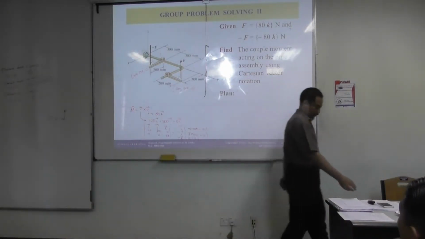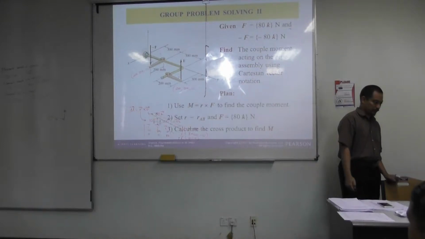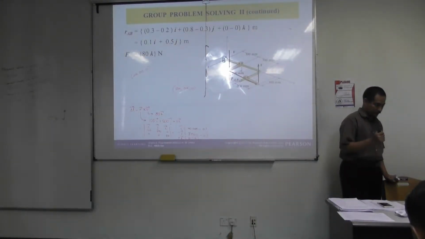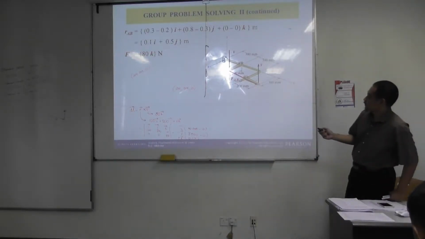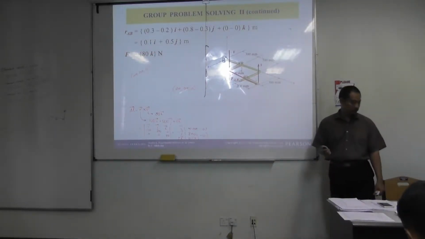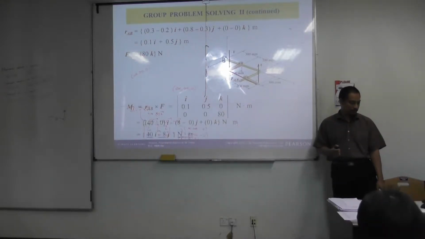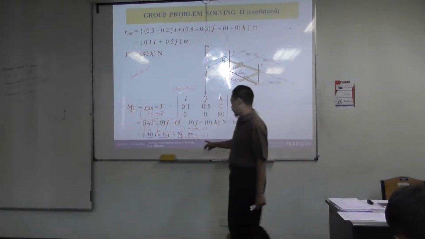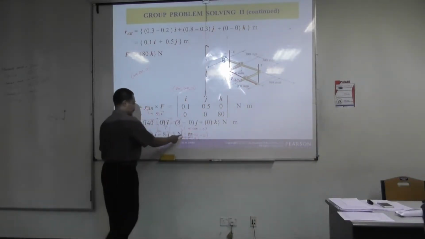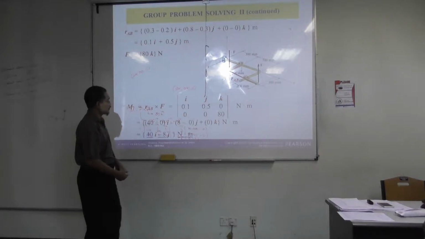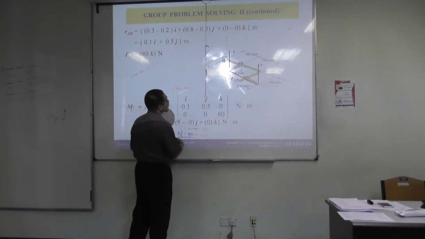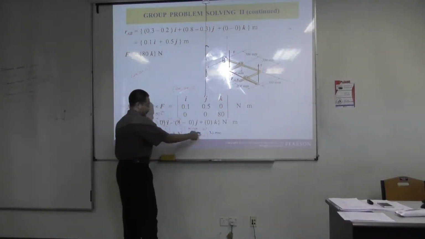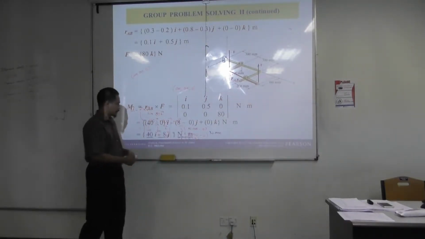Of course, this question is quite short because we only have one couple to deal with. In this example, the slide is using the same R and F, and you get that value there. If we have to write the unit, in this case, what unit? What we did just now will be in Newton millimeter, so it will be 40,000 and 8,000.